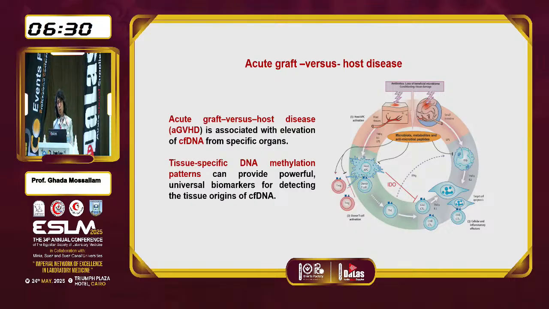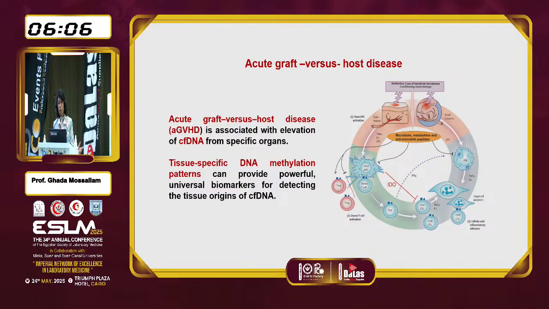Acute graft-versus-host disease, which is an acute inflammatory complication of transplantation mediated by alloreactive donor cells against the immunocompromised recipient, is associated with organ damage and release of inflammatory cytokines and activation of inflammatory cells.